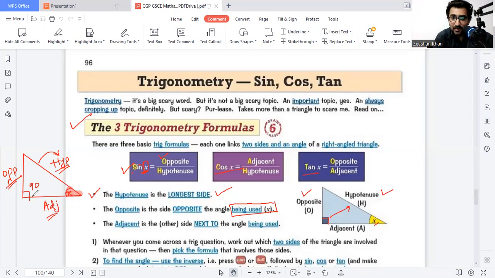Opposite is the side opposite to the angle being used in sine theta or sine x. You could write any angle here, sine x, sine theta, any value, but the side opposite to that angle is called the opposite side. And the adjacent is the other side next to the angle being used, the last one which is left.